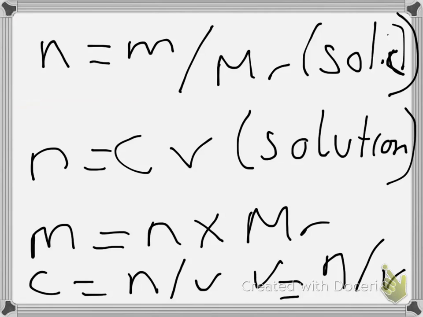So we can use these equations to work out the number of moles of a solid, the number of moles of a solution, the concentration or volume of a solution, and the mass of a solid.